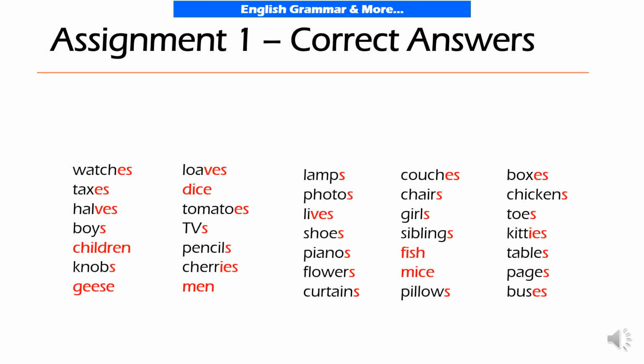Watches, taxes, houses, boys, children, knobs, geese, loaves, dice, tomatoes, TVs, pencils, cherries, men, lamps, photos, lives, shoes, pianos, flowers, curtains, couches, chairs, girls, siblings, fish, mice, pillows, boxes, chickens, toes, kitties, tables, pages, buses.